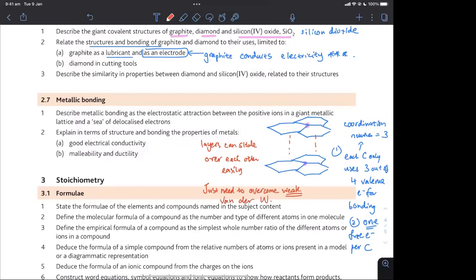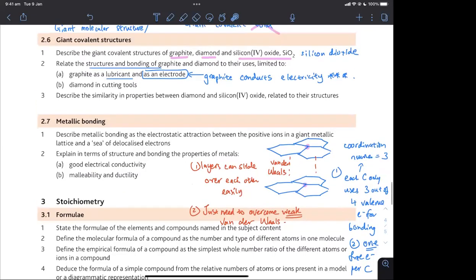You do get the marks. But just be very careful, this is a specific thing: overcoming the weak van der Waals forces. So you have the weak van der Waals. Make sure you spell the guy's name properly. These are covalent bonds, these are strong. These are van der Waals. These are what you need to break when the layers slide over each other.